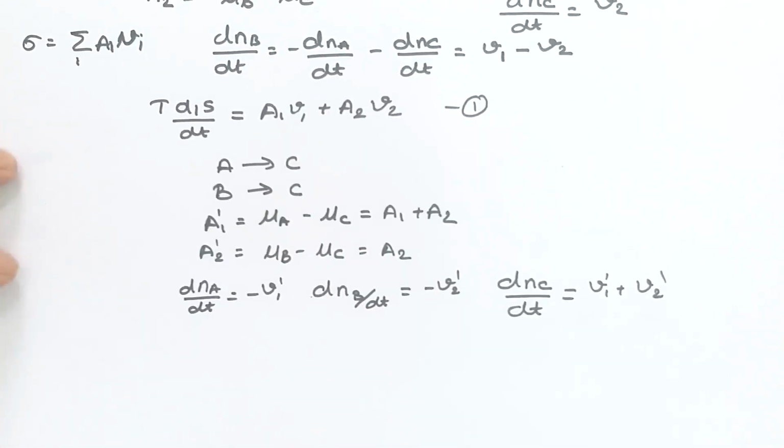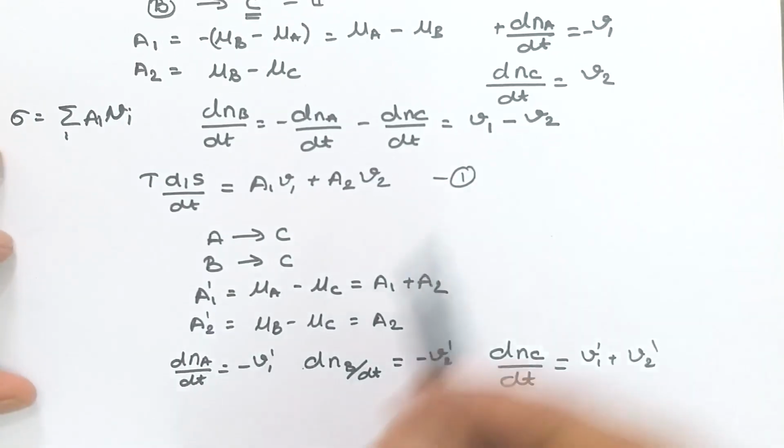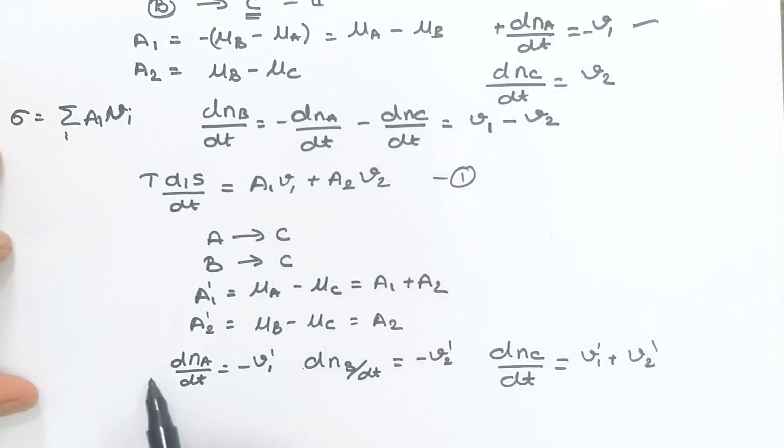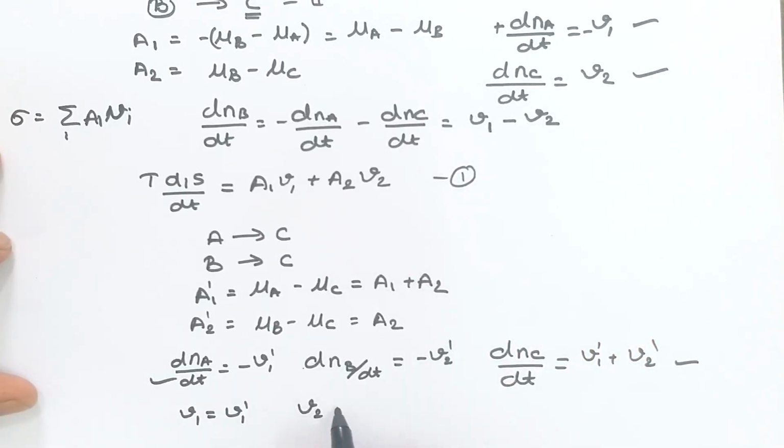Now further, when we compare both these sets of terms, we can write that nu1 is equal to nu1 dash, and for nu2 we have nu2 equal to nu1 dash plus nu2 dash.